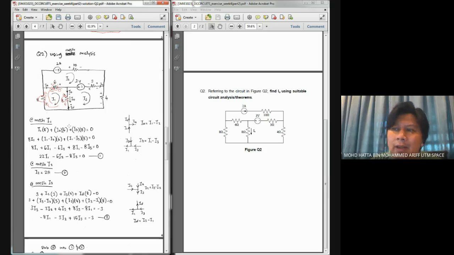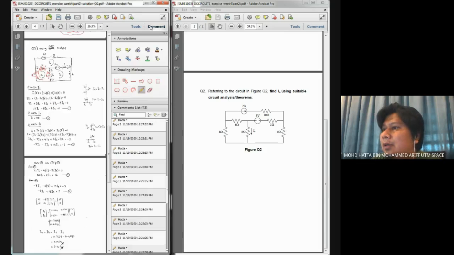That's how I assign the voltage polarity of the voltage drop across each resistor. This makes my calculations more transparent and easier to check for mistakes. So let me erase first.